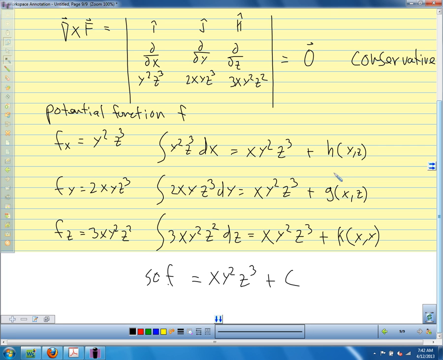So how would you end up with a function when you have a function that you have to adjust?